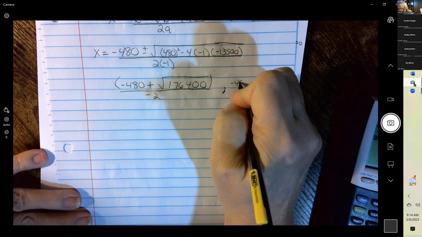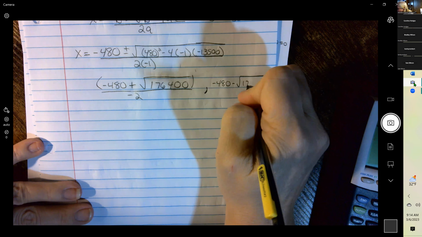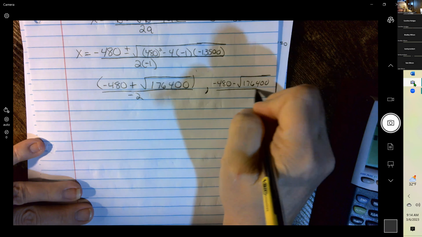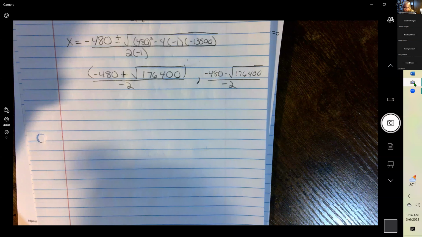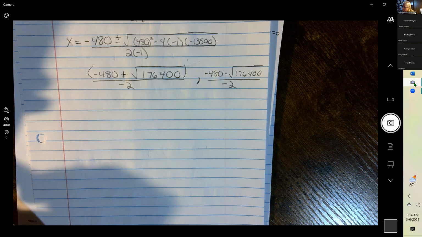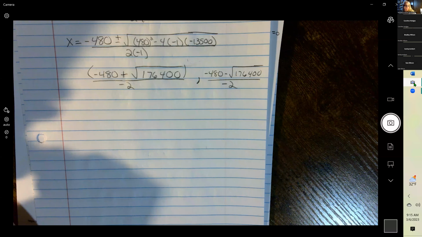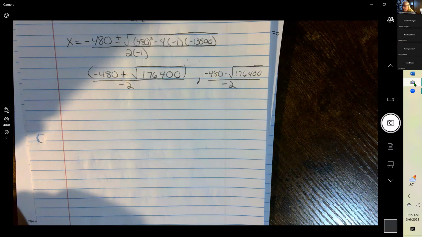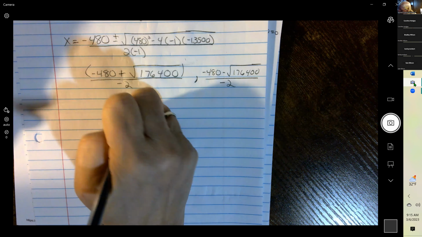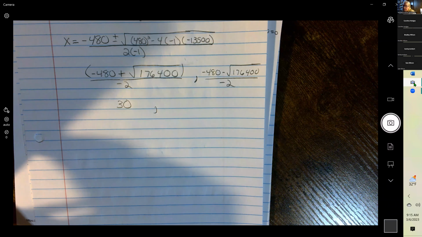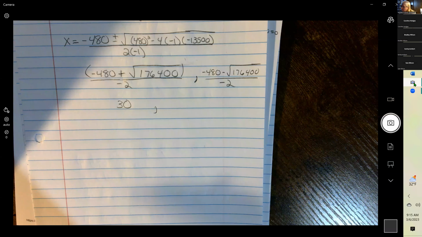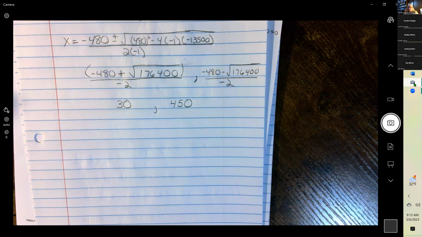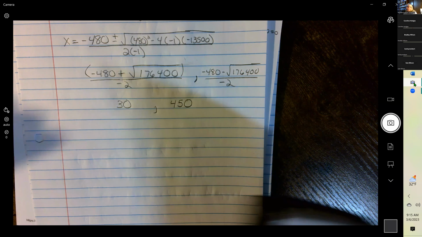And the minus. You should be getting 30 and 450.